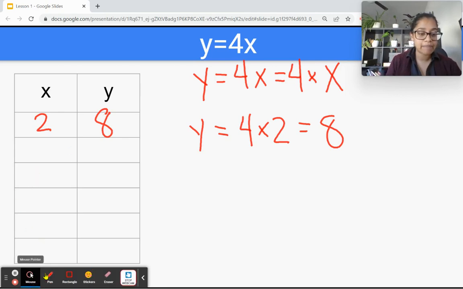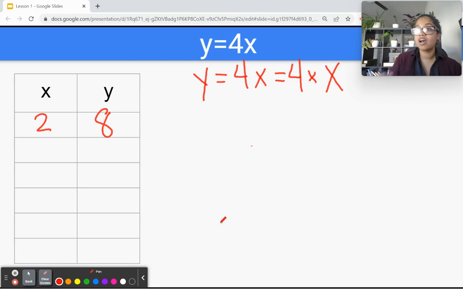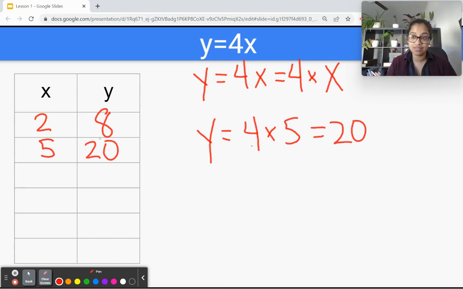Now, let's change our x to 5. So if x equals 5, I'm going to plug in 5 wherever I see x. So y equals 4 times 5, which is going to equal 20. So my y is going to be equal to 20 when x equals 5.